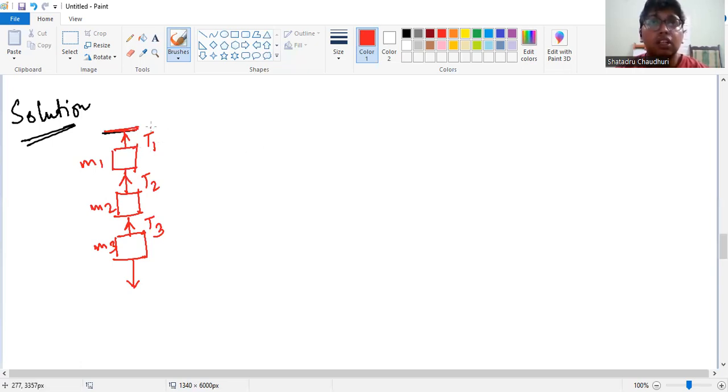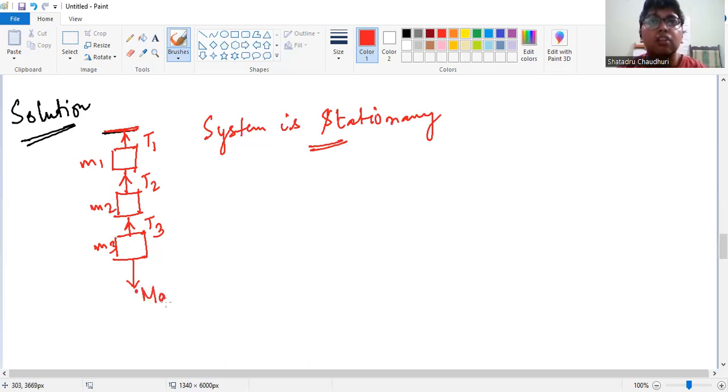Suppose I talk about T1. Since the system is stationary, this T1 will be balanced by the total weight acting on the system at this particular point.